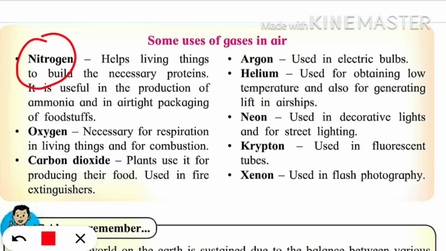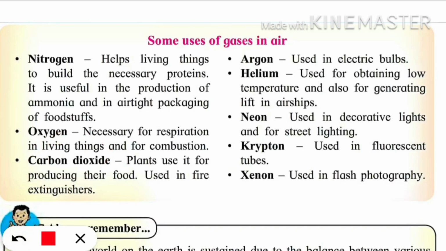What is meant by nitrogen? Nitrogen is a gas that helps living things to build the necessary proteins. It is useful in the production of ammonia and in airtight packaging of foodstuffs.